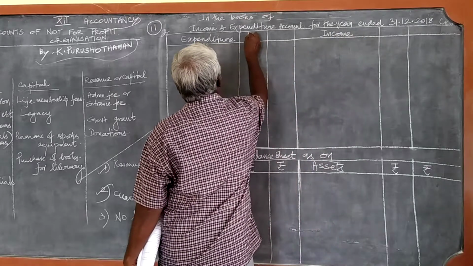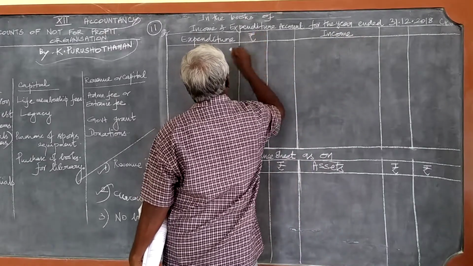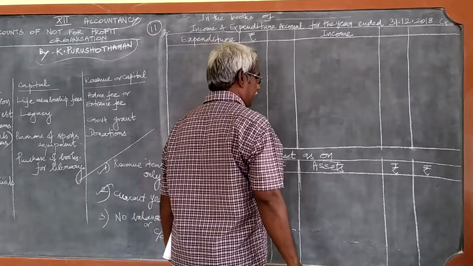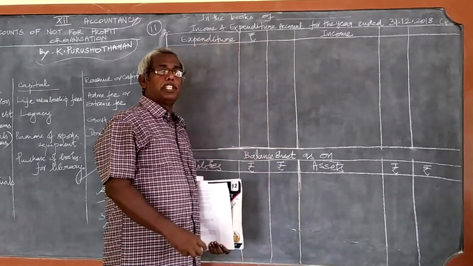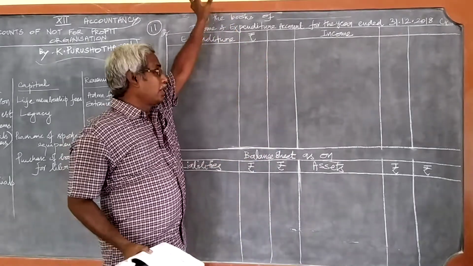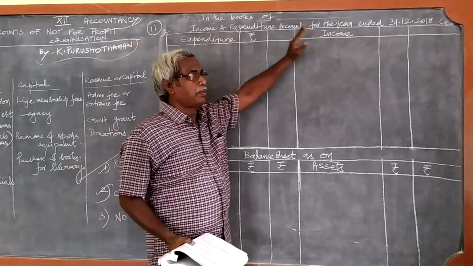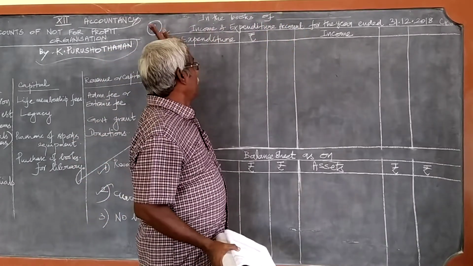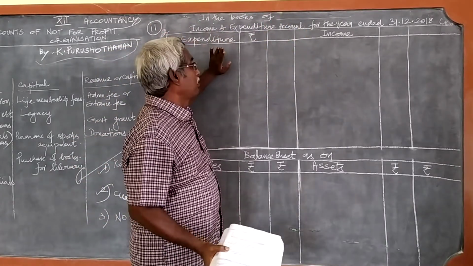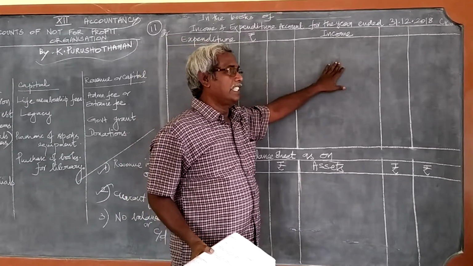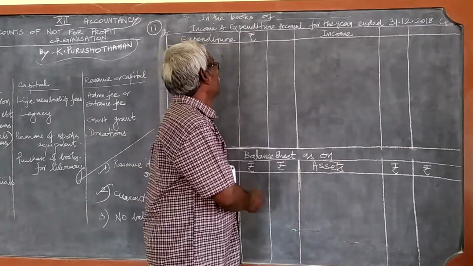Don't confuse yourself with receipts and payments in the order. In income and expenditure account, the debit side, that is the left hand side, is expenditure and the right hand side is income you should write.